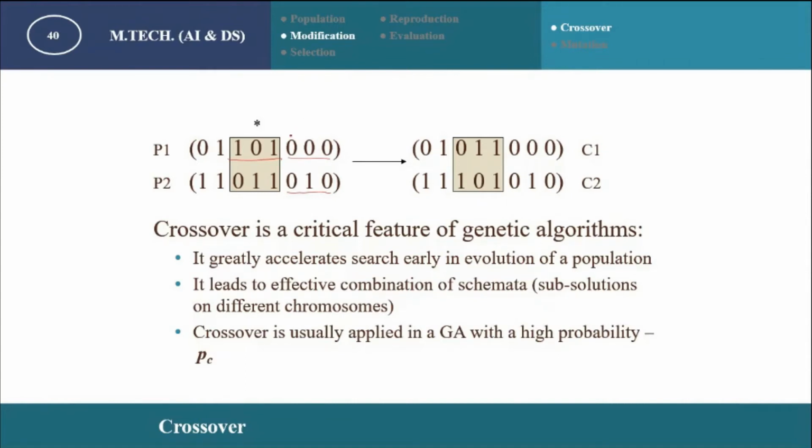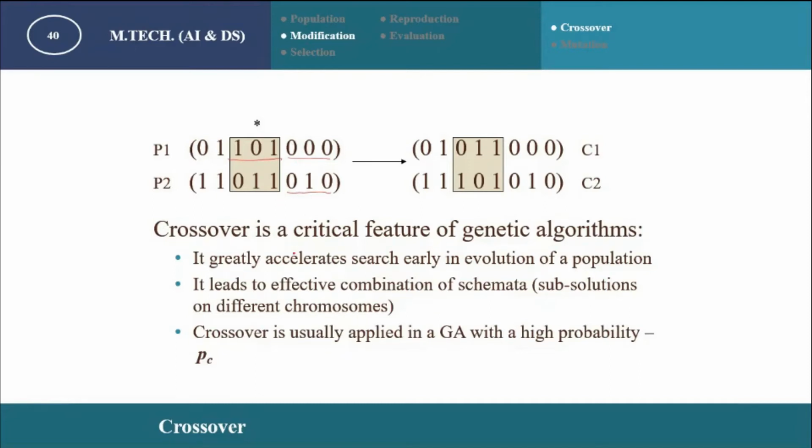This schemata may be repeating in different chromosomes, and if all those chromosomes which have this particular schemata have a higher fitness, then we say that this particular schemata produces better fit individuals. So that is the concept.